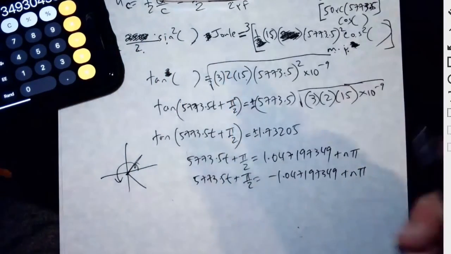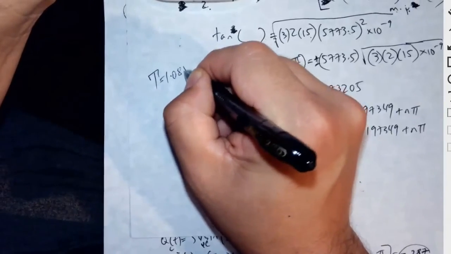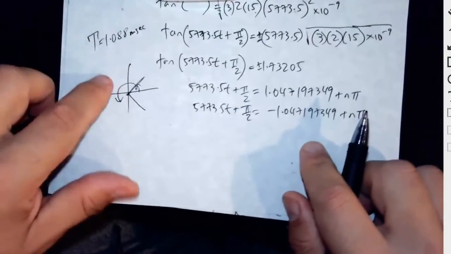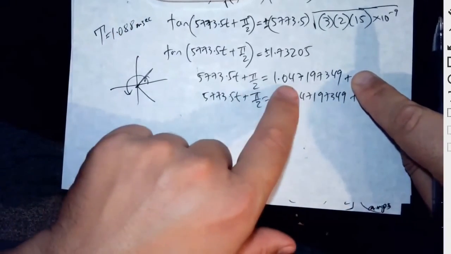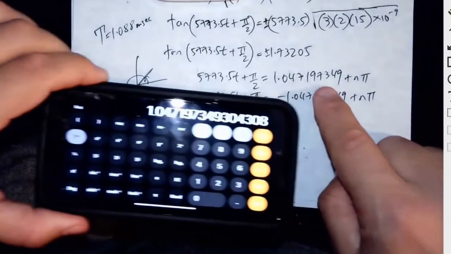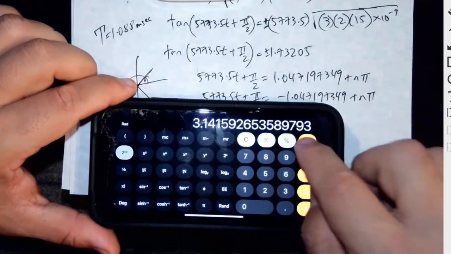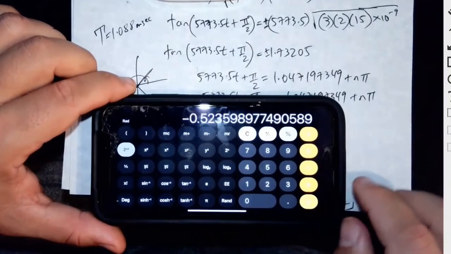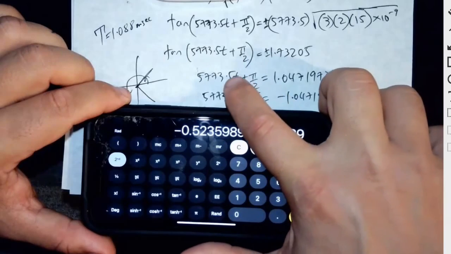Okay, so now you have to see how many of these give you answers within one period of the motion. And the period of the motion was what? 1.088 milliseconds. So how many answers are there up to that period? You could put n is 0, generate the first answer, and then subtract pi over 2 and divide.